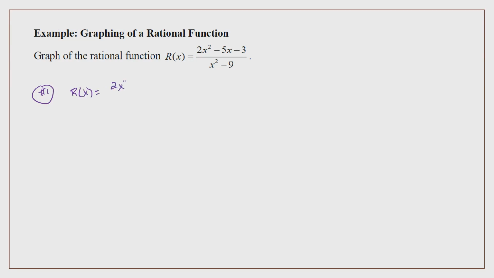So the numerator can be factored into 2x plus 1 times x minus 3. And the denominator can also be factored. It's a difference of squares. So we have x minus 3 times x plus 3.